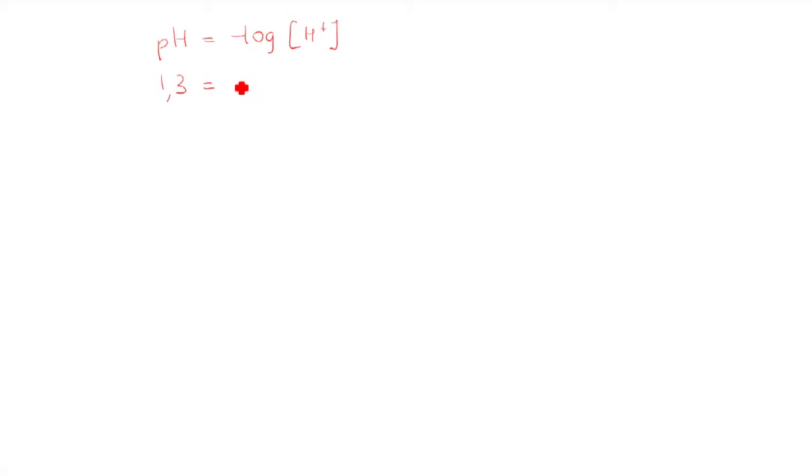1.3 is equal to minus log of the concentration of H+ ions, which means if you do the anti-log, the H+ concentration is the same as 10 to the power minus 1.3, if you want to do it the other way.